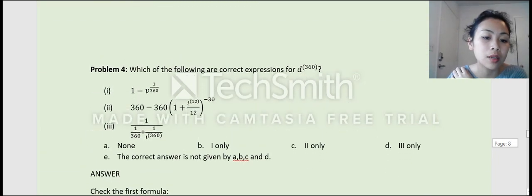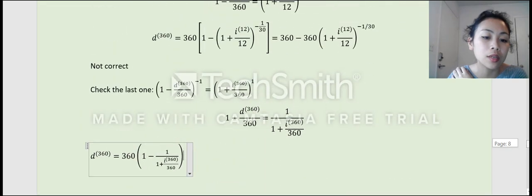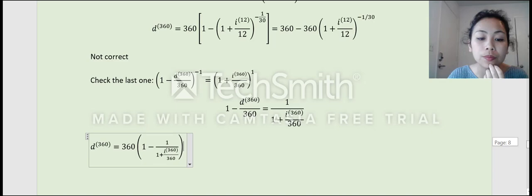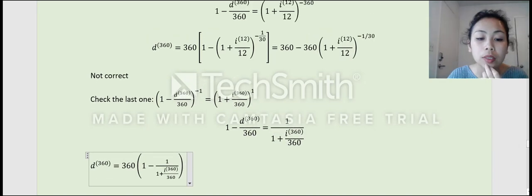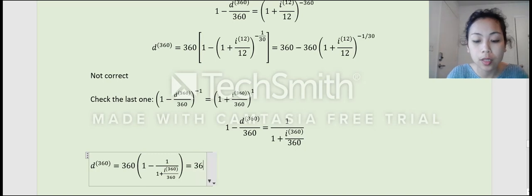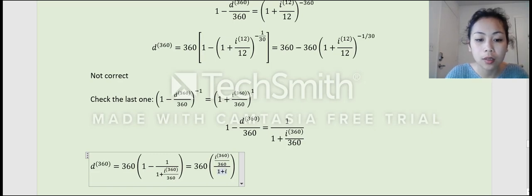And we compare, we see here we also can divide by 360. This equals 360 times, let me divide some more, so that becomes i^(360) over 360 over 1 plus i^(360) over 360.